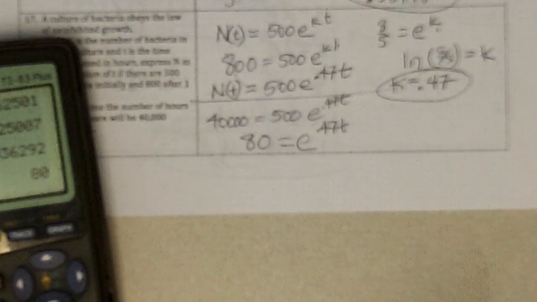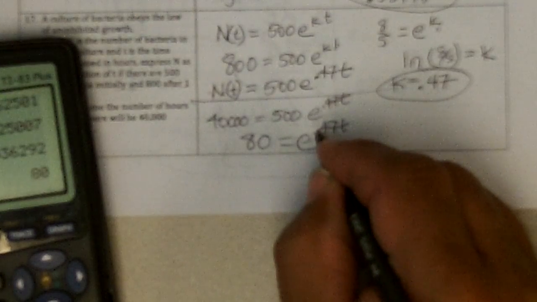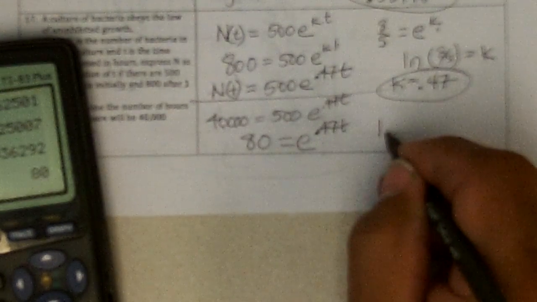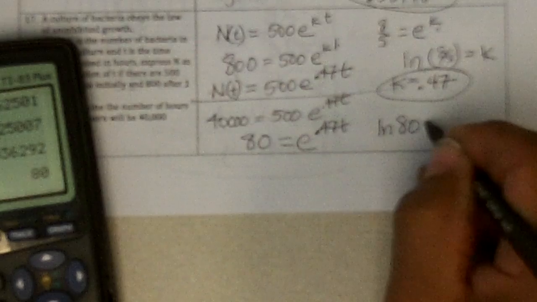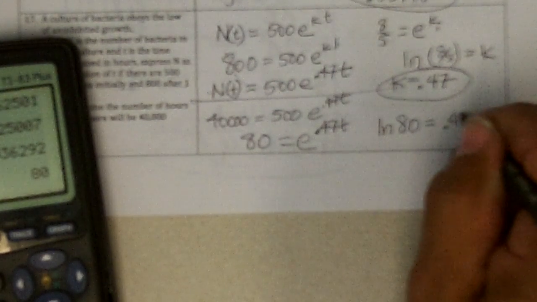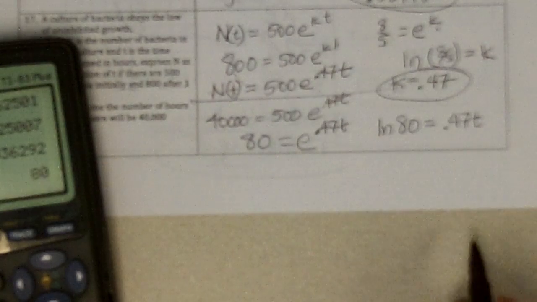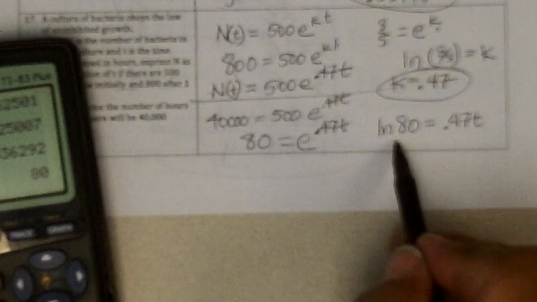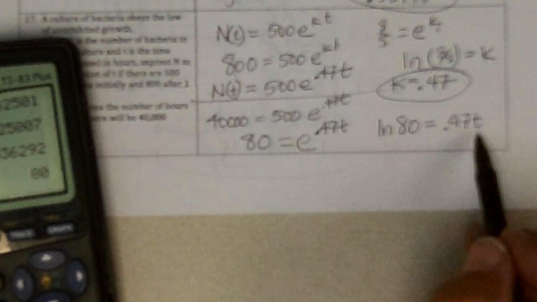Now I would change this to a log, and that would be ln 80 equals 0.47t, because it says to what power do I take e to get 80, and that's the power.